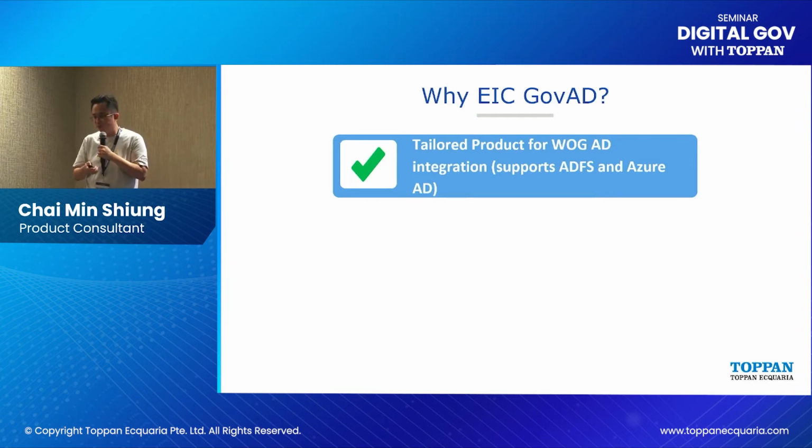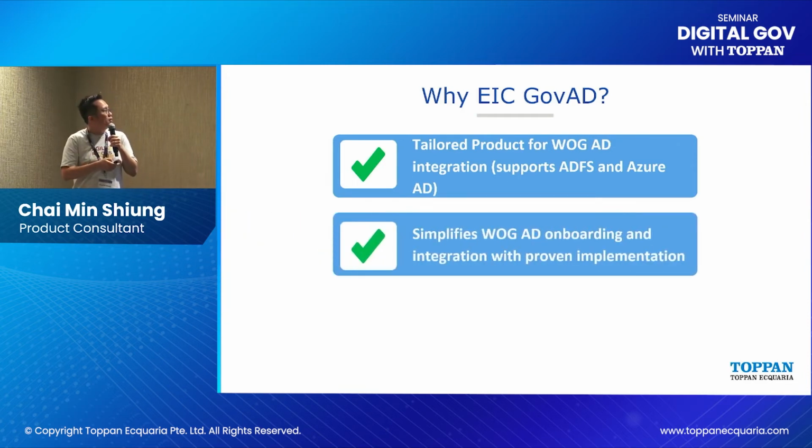So we have already done it for you, and it will definitely simplify your WOG-AD onboarding. It is deployed in production and proven to work. This keeps things simple for your application and your integration because it's already incorporated into the product. So it will definitely help you meet your timeline for your CAM integration.